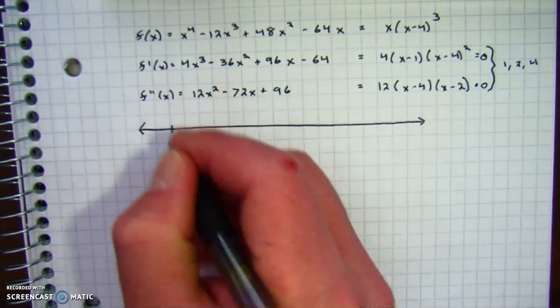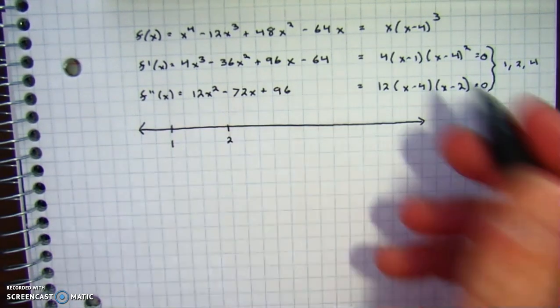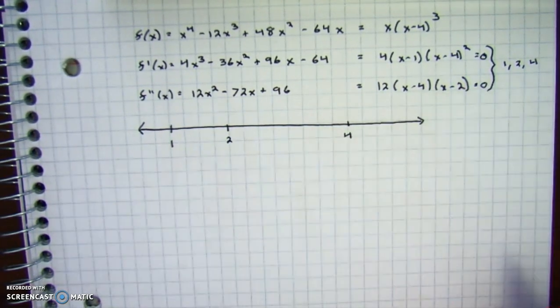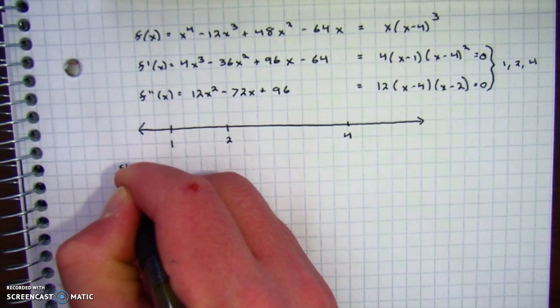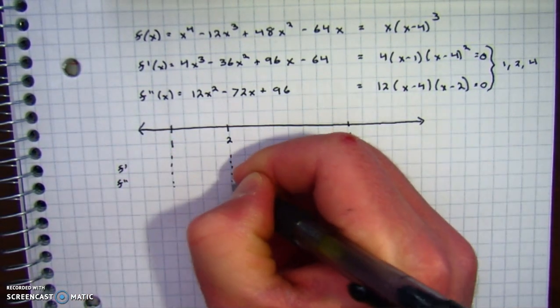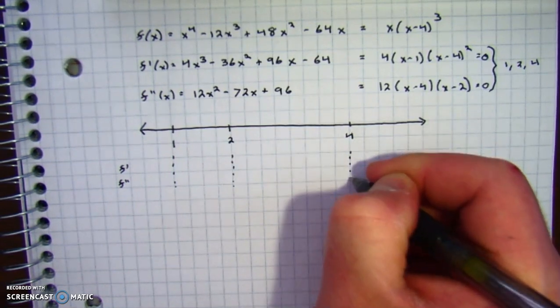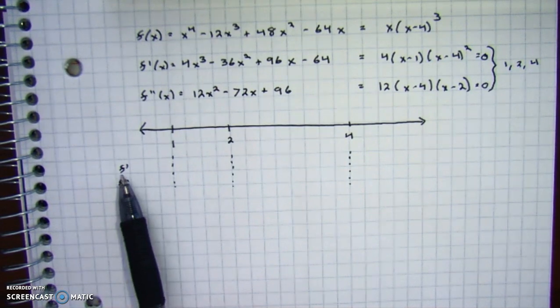So we come down here, here is point 1, point 2, and then this is not to scale, but there's point 4. Then over here I'm going to put the first derivative and the second derivative because it's going to help us figure out what's going on here.